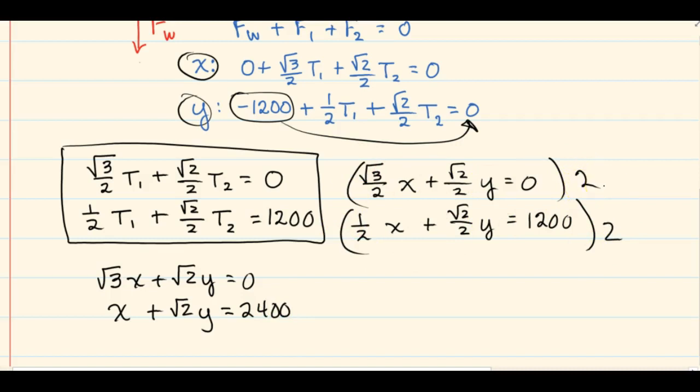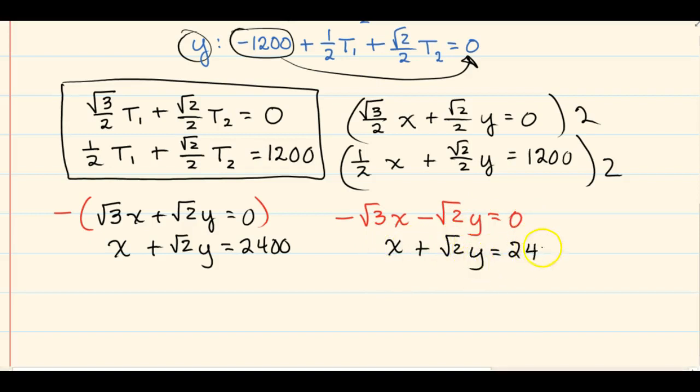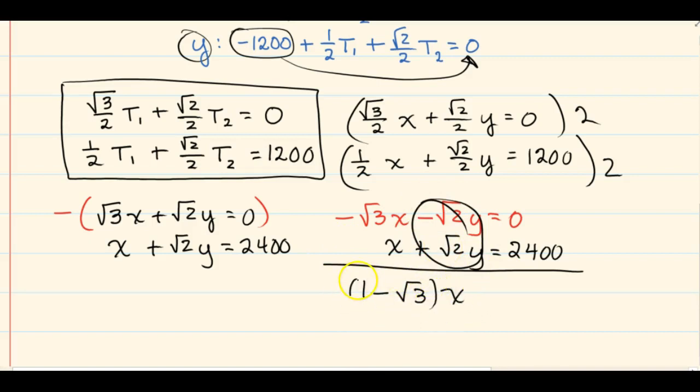For our system of equations that we need to solve, I'm going to multiply one of them by a negative. So I'll multiply this one by a negative. So that's going to give me negative square root of 3 x minus square root of 2 y is equal to 0. My other equation is x plus square root of 2 y is equal to 2,400. I'm going to add down so that my y's will cancel out, and I end up with 1 minus the square root of 3 times x is equal to 2,400.